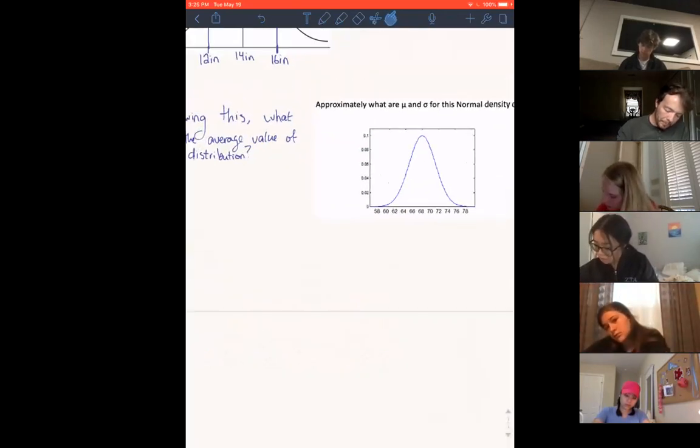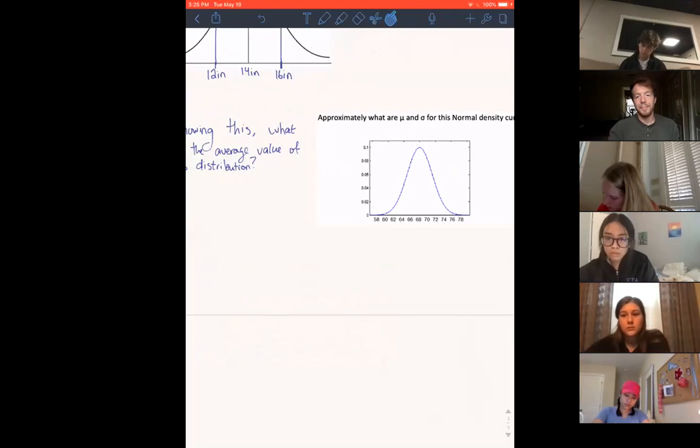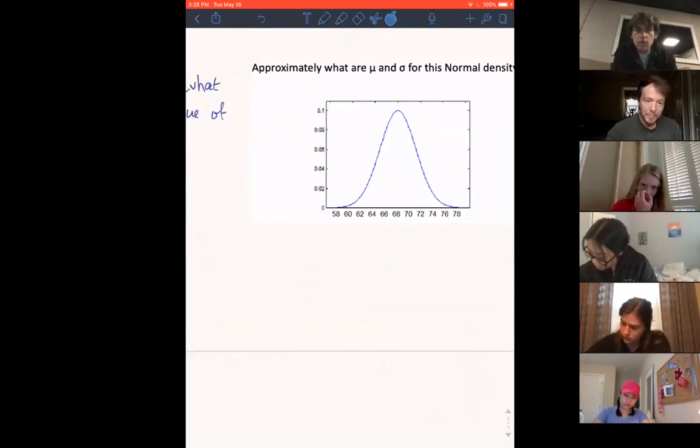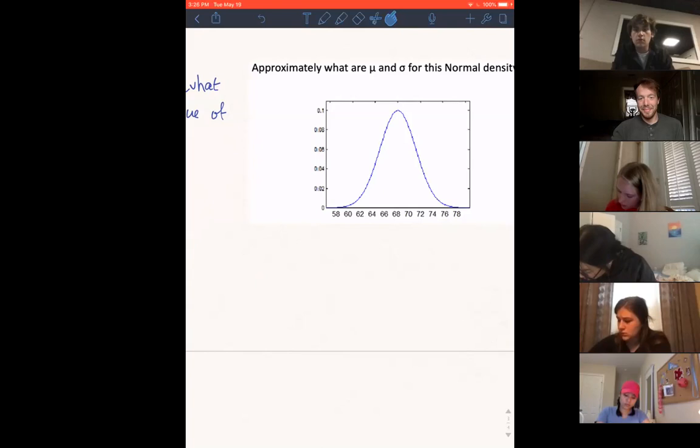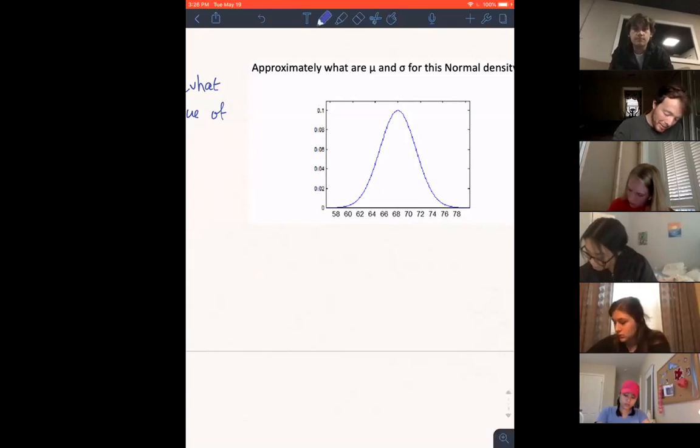Can anyone tell me? Approximately. Isn't it just 68? Yeah, actually, it is. It looks like it's about 68. So the average value occurs at the center of the normal distribution, which in this case is 68.